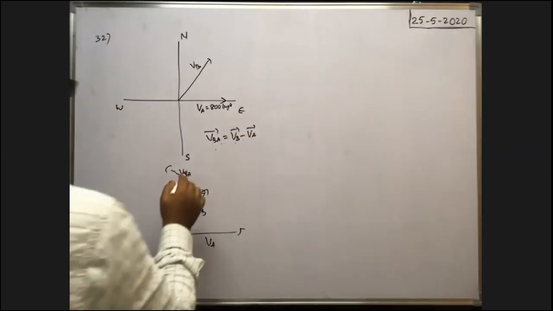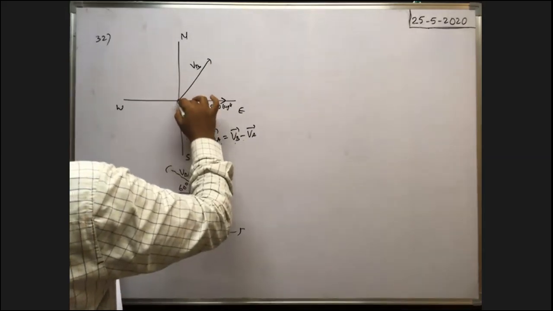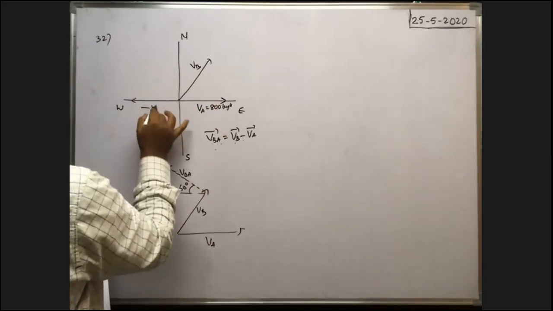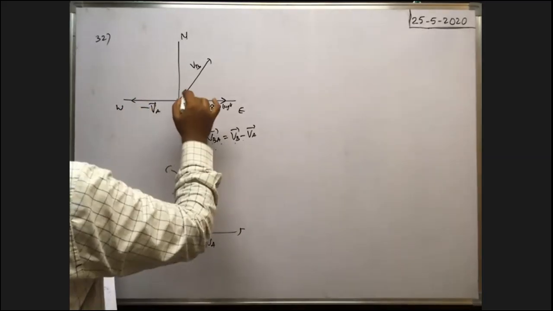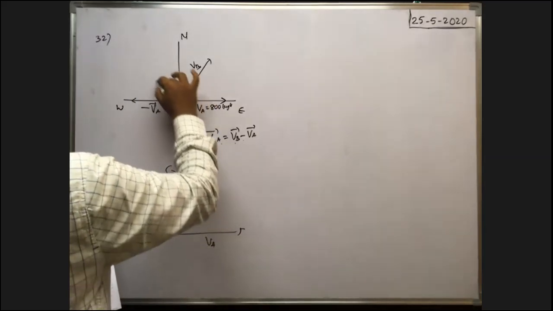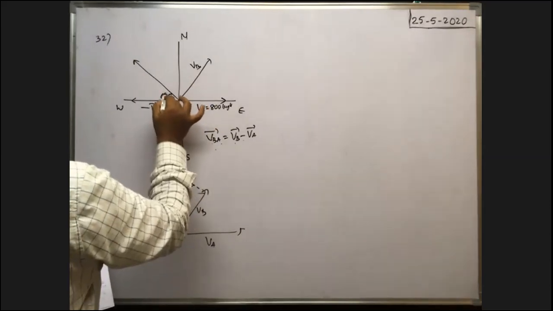So the velocity of plane B with respect to A is given along this direction. Minus VA bar is in this direction. The velocity of plane B with respect to A is given in this direction, making a 60-degree angle.